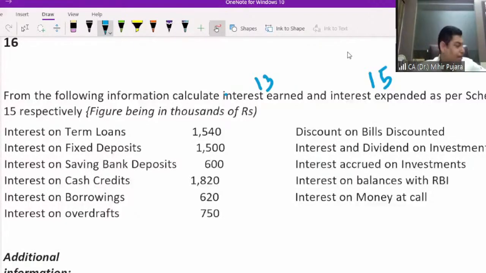Be fast and tell me which is 13 and which is 15. Start with interest on term loan. If it is bank's income, interest income, then 13. If it is bank's expense, interest expense, then it is 15. So guys, let me know. First is interest on term loan. Is it 13 or 15, guys?